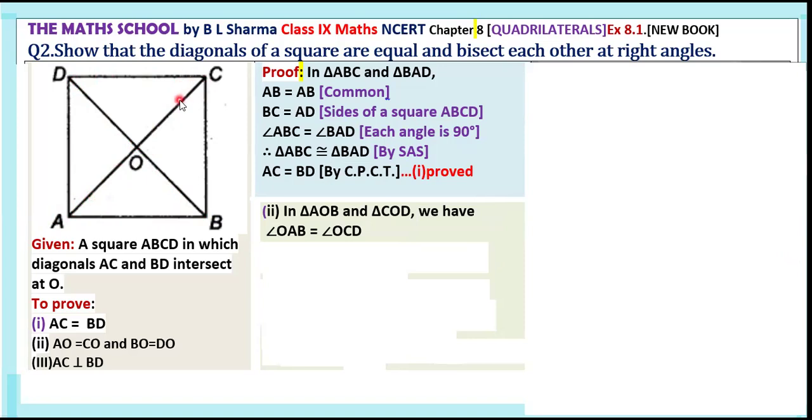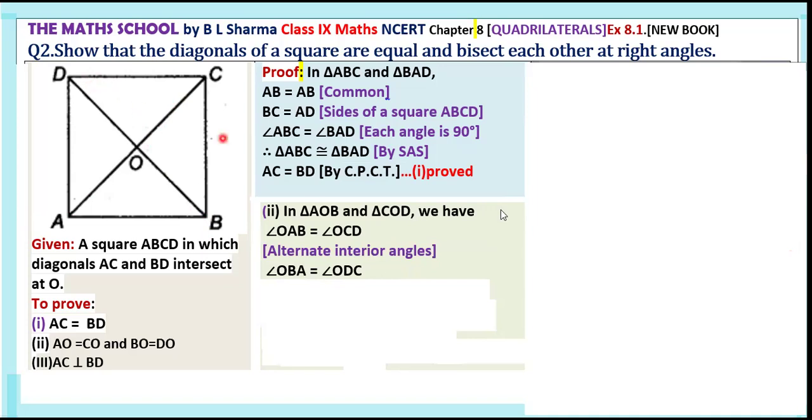The two are alternate interior angles because DC is parallel to AB, because opposite sides of a square are also parallel. Similarly, angle OBA, this angle, is equal to this angle.